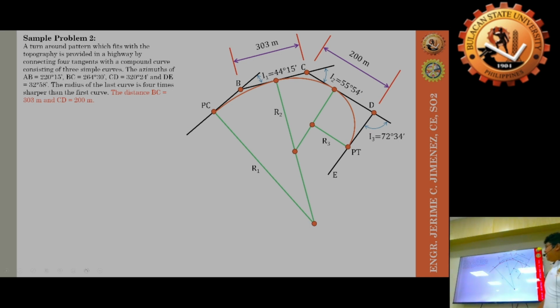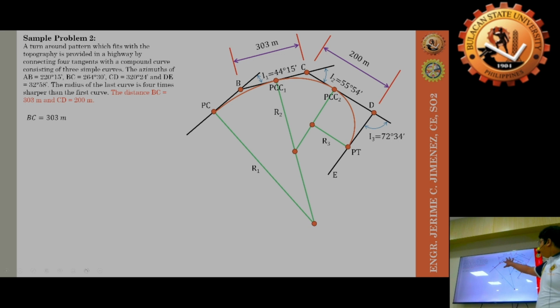Okay. The distance BC is equal to 303 meters and the distance CD is equal to 200 meters. Okay? So therefore, itong point na to, i-denote natin siya as BCC1 and this point, let's denote it as BCC2. Ang sabi, ang BC daw is 303 meters.